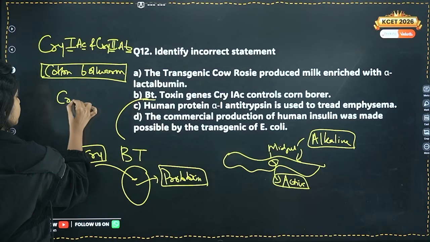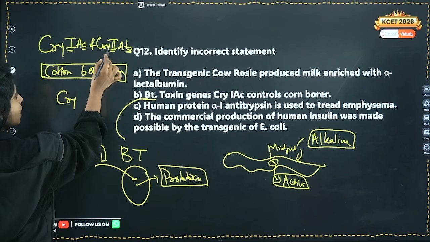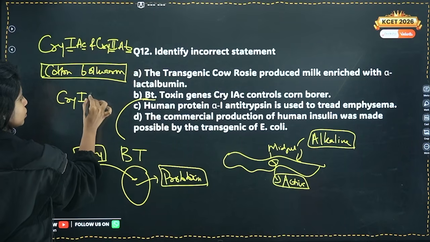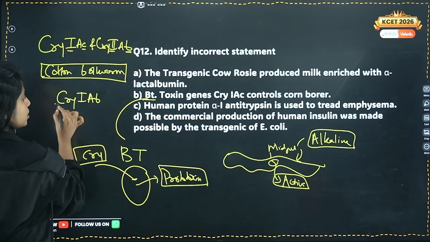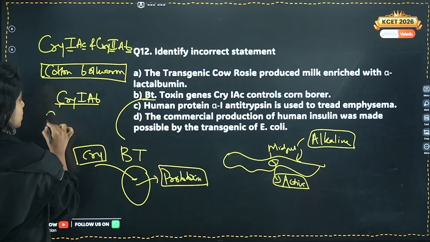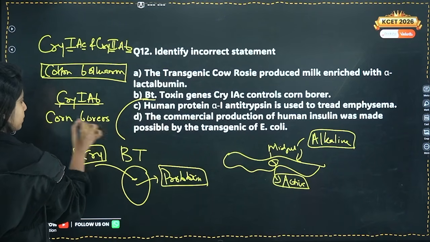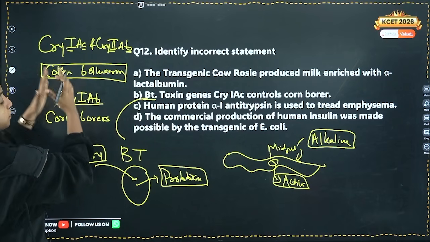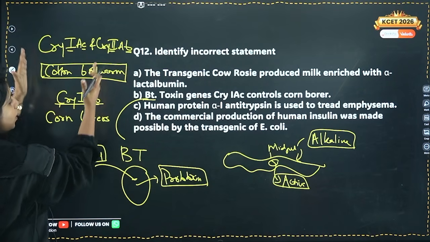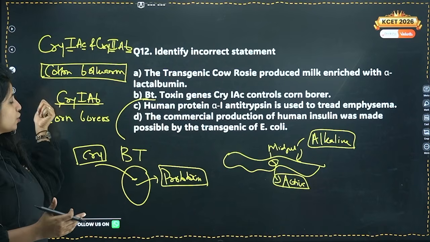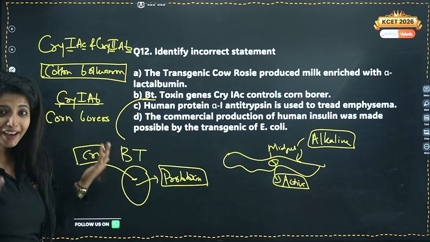Now cry 1AC is done, cry 2AB is done. Cry 1AB is not done, right? So cry 1AB is over here. You just need one term, where the first letter is C, corn, and last letter is B, borers. Both of them start with C and B, but cotton bollworm is a bigger term, which is why you need 2 things. Over here, you just need one thing, and starting should be C, ending should be B. That's how I remember it.